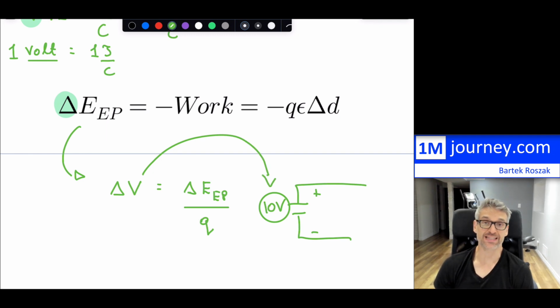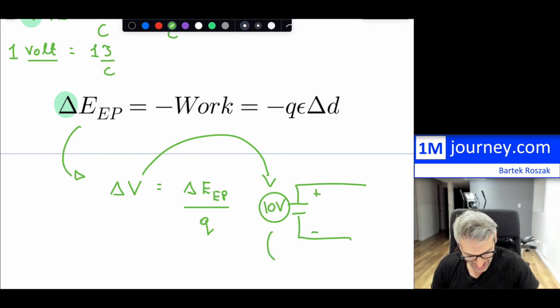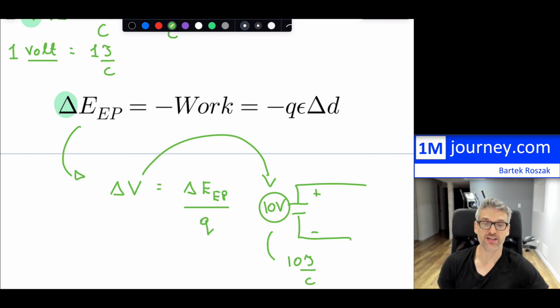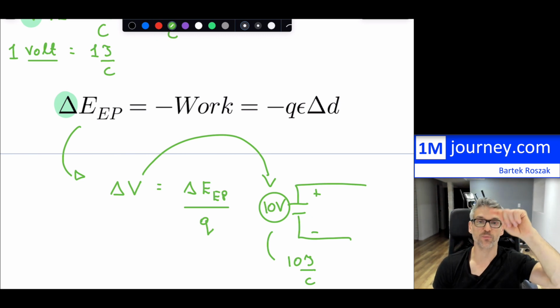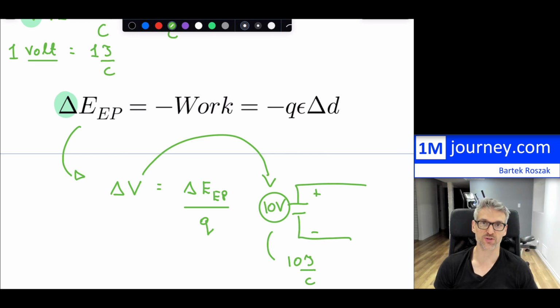That is exactly what you are dealing with when you are dealing with circuits. And what it tells us is, for example, if it was 10, that would mean 10 joules of energy. That's the amount of work you would need to do for every single coulomb to move that charge from one point to another through the circuit.